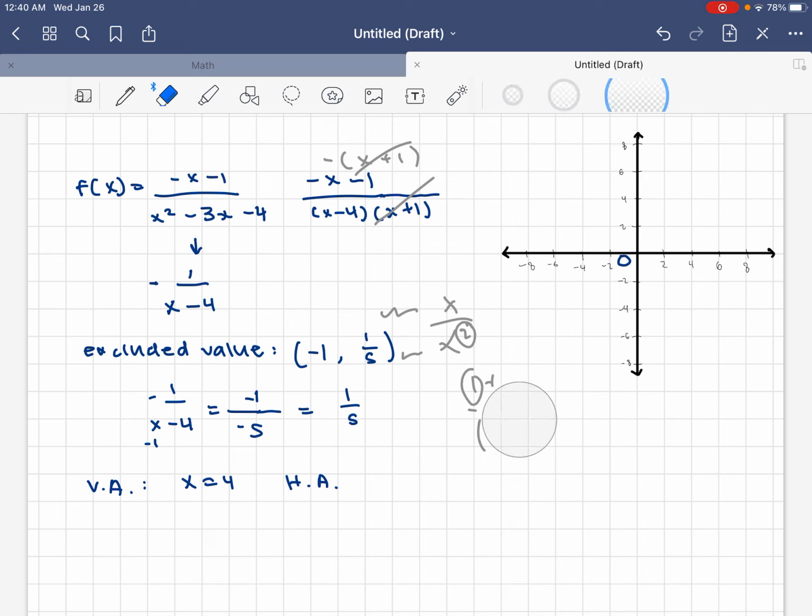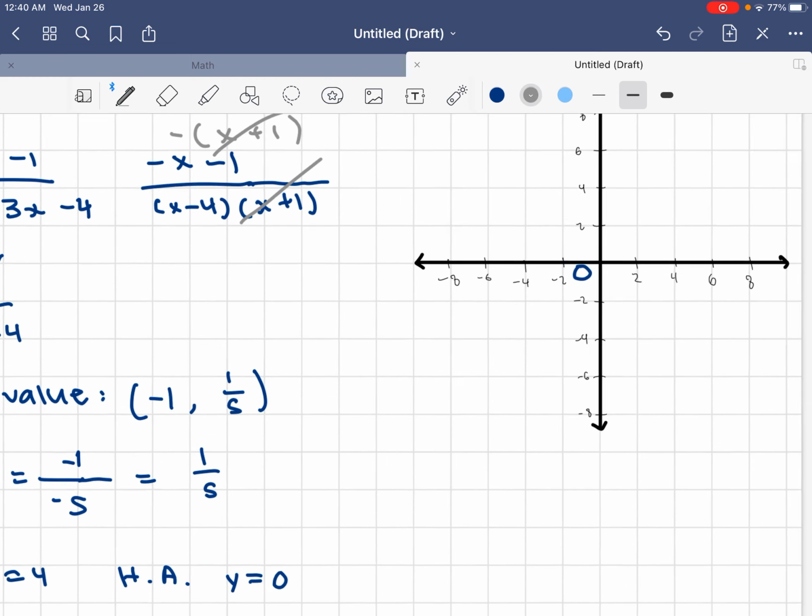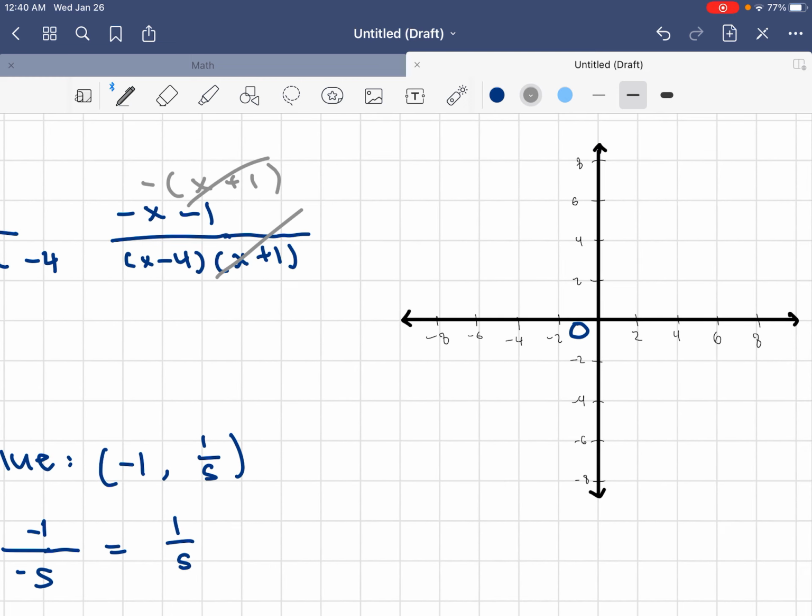But in this case, y is just going to equal 0 because it's bottom heavy. So y equals 0, and let's draw that. So x equals 4, and y equals 0.